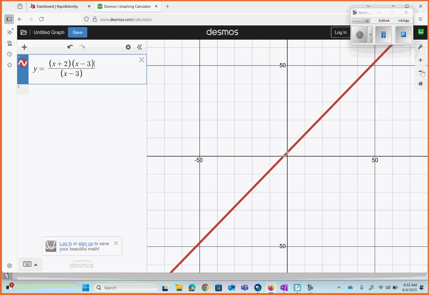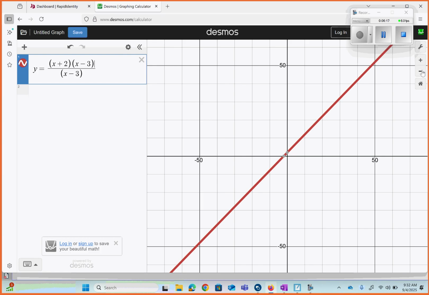Well, hello. We're talking about holes. So this graph does not have an asymptote. It actually has a hole. The number that is the hole is the binomial on top and the binomial on bottom. The x minus 3 on top and the x minus 3 on bottom are the same exact binomial. Does that information make sense? So in the world of math, these cancel out.